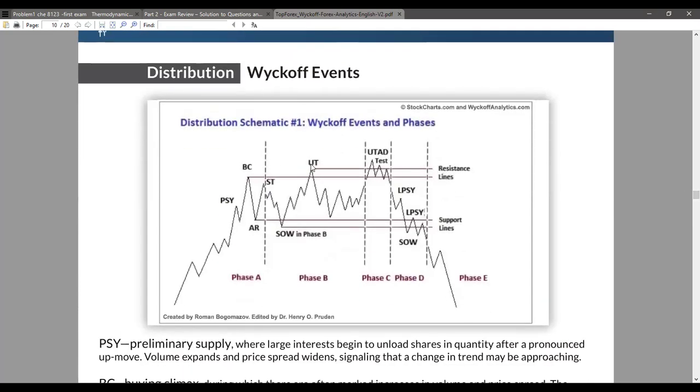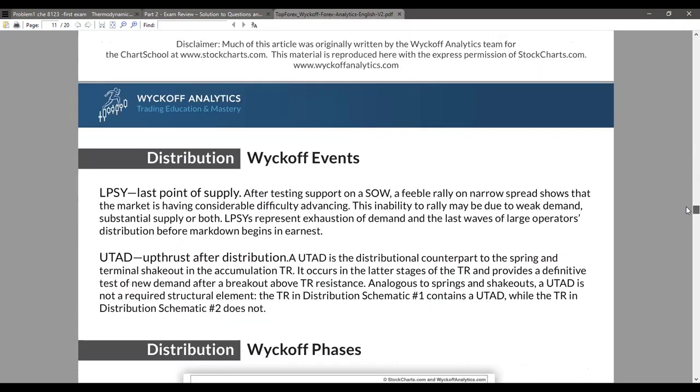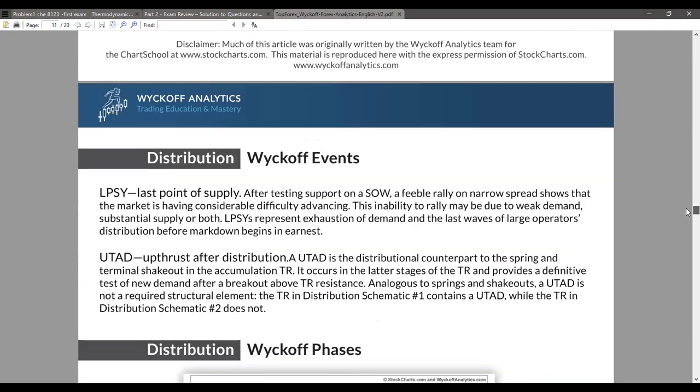This UT is just like your spring. It's the opposite of your spring. We call it the upthrust after distribution. This is our upthrust.